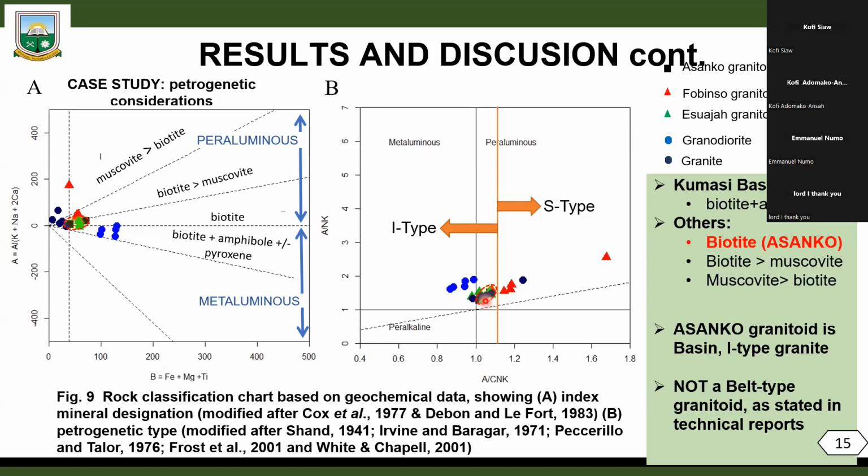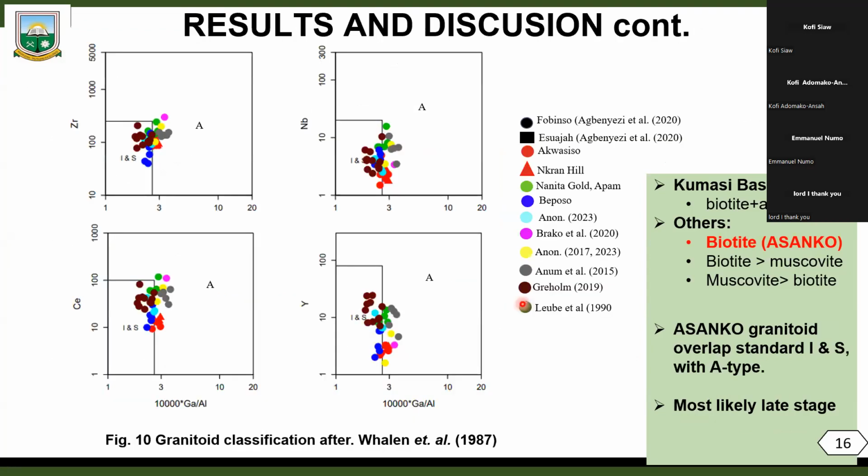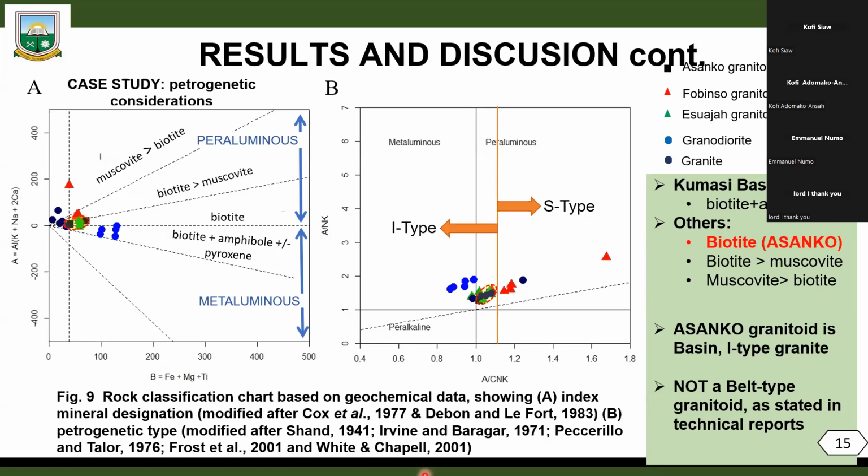And then the last but not the least in the geochemical classification is what I show you here, which is the I, S, and then the A-type granitoids. Now, if you look at this carefully, this is the I-type, S-type plot.